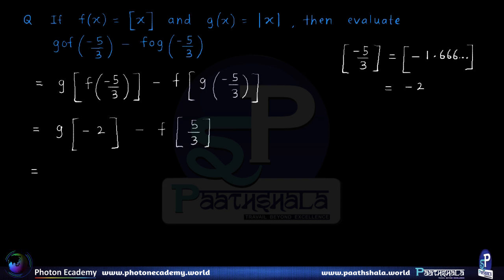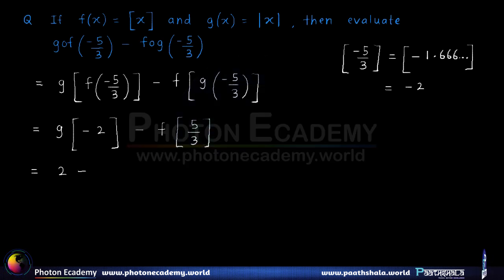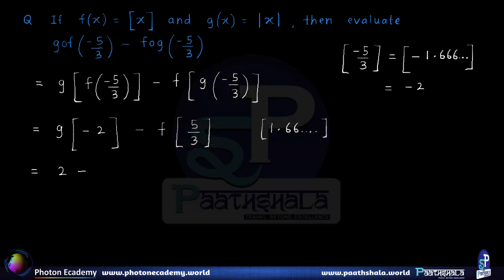So going ahead, now we have to evaluate g of minus 2, that means absolute value of minus 2 which is 2, and minus, now f of 5 by 3, that is the greatest integer less than or equal to 5 by 3, and 5 by 3 is, we just saw that it is 1.6666. So the greatest integer less than or equal to this particular number is nothing but 1. So hence the final answer is 2 minus 1, which is 1.